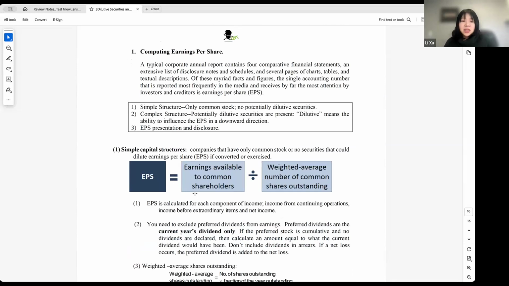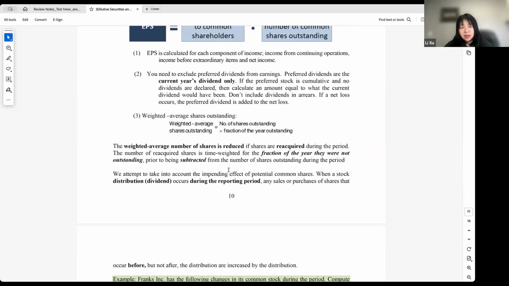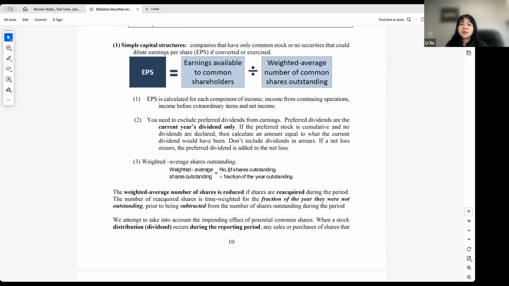Now, earnings per share. First, for this topic, there are 2 things I'm testing. The first is the denominator: how to calculate the weighted average. We did it a couple of times, but just understand there are a lot of things that can happen. You can buy back stock, you can issue stock, and you have stock splits, and how to account for that.